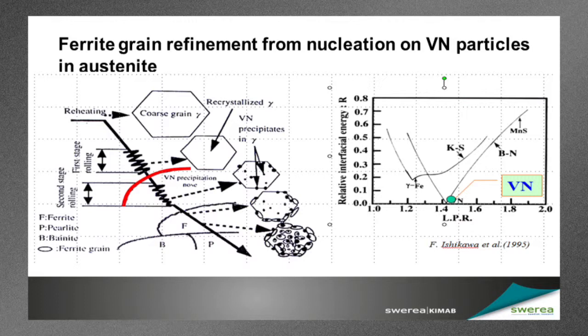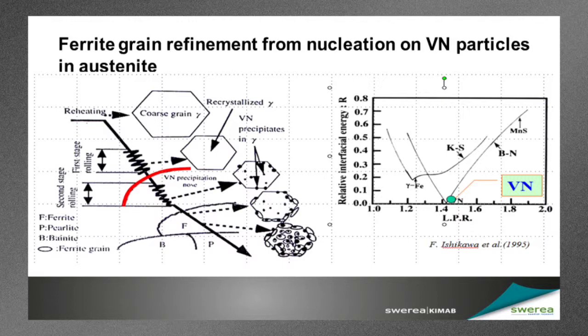Now, the reason that vanadium nitride particles are so good at doing this is related to the crystal lattice and the lattice parameter. It has a very close relationship to the ferrite, and therefore the energy of the interface is believed to be very low, and that is what you would need to have in order to get a very good nucleation effect.